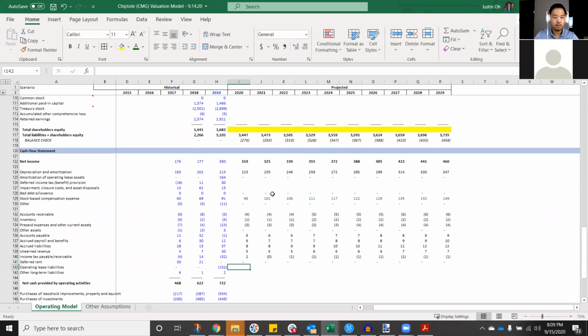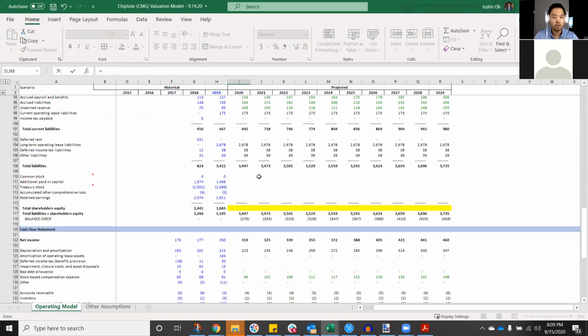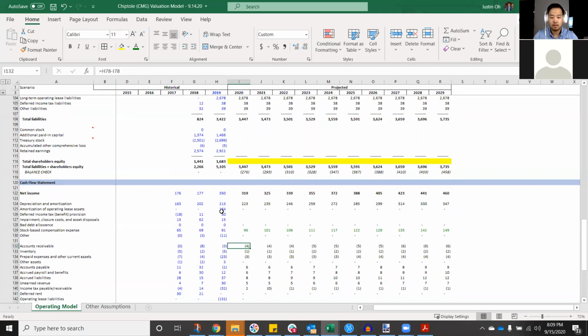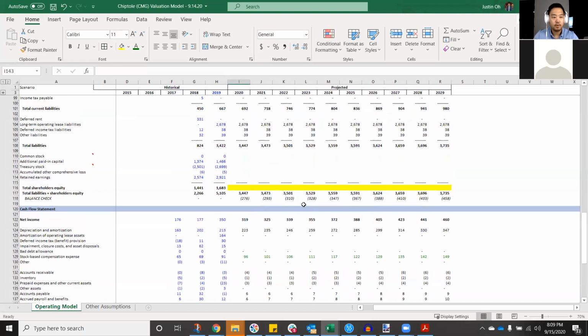Operating lease liabilities, okay, so it looks like they combined short-term and long-term. So it's the current operating lease liability, this minus this plus this minus that. Cool. And then other long-term liabilities.